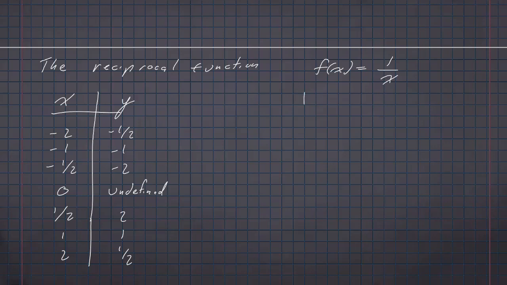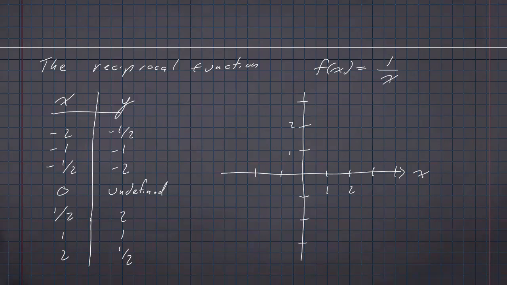So taking my graph and going back to the zoomed in version we were using before, we can plot these points. -2, -1/2 is somewhere around there. -1, -1 is there. -1/2, -2 is about there. And then we have here, here, and there.